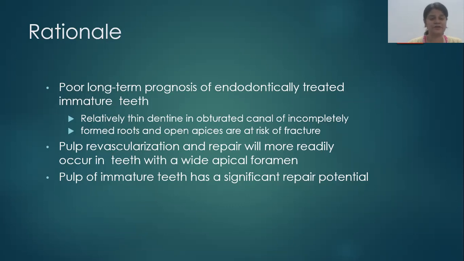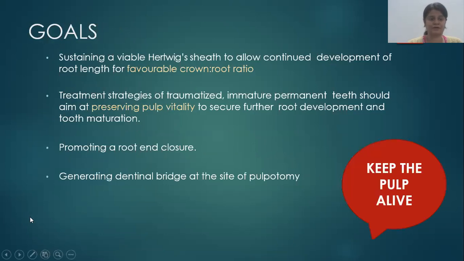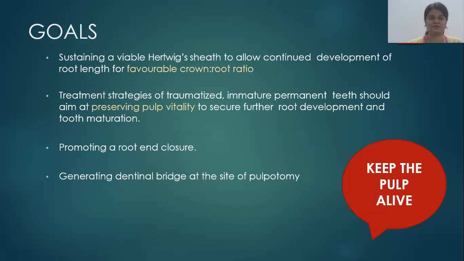Pulp of immature teeth has a significant repair potential. So these are the rationale behind the apexogenesis procedure. What are the indications where this procedure is proposed? First one is traumatic luxation, fractured tooth with pulpal exposure, and caries exposure.